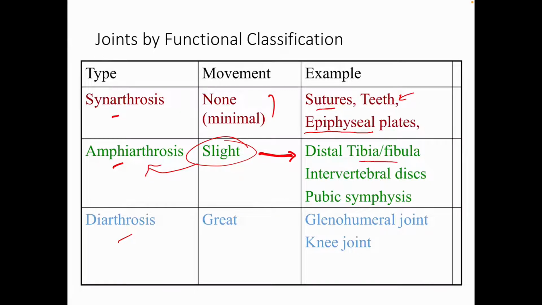They include the tibia and the fibula, and then the intervertebral disc. So you can move your back, you can kind of shift from side to side, but unless you have some incredibly extensive training, you probably can't move much further than that.